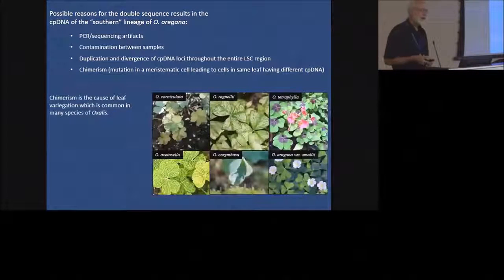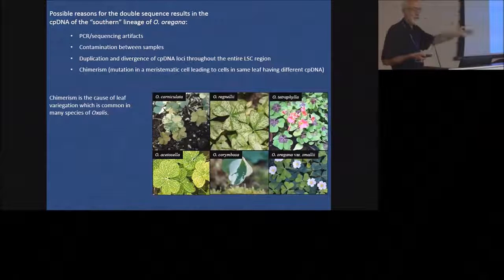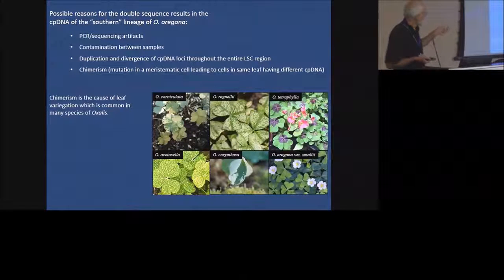Now, it turns out that there are many species of Oxalis that are chimeric. A nice visual chimeric example is leaf variegation, because in some cells, you have chloroplasts that have been mutated to the point where you're not making chlorophyll anymore, and so those areas are white.